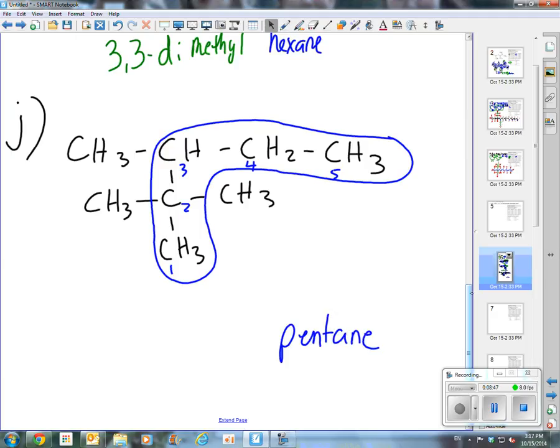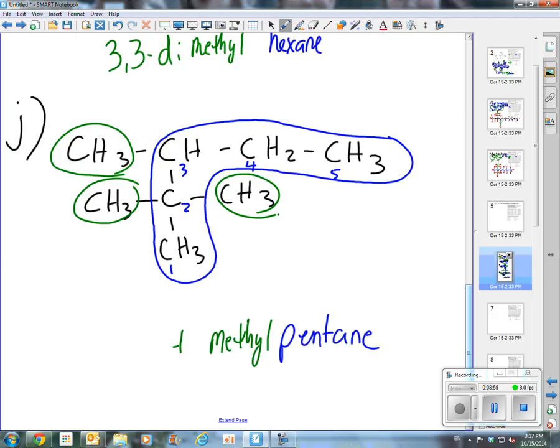Now I've got 3 branches, and they're all 1 carbon, so they're all methyl branches. So methyl, 3 of them, so this becomes trimethyl, and so I need to represent 3 spots for all 3 branches, so this becomes 2,2,3-trimethylpentane.